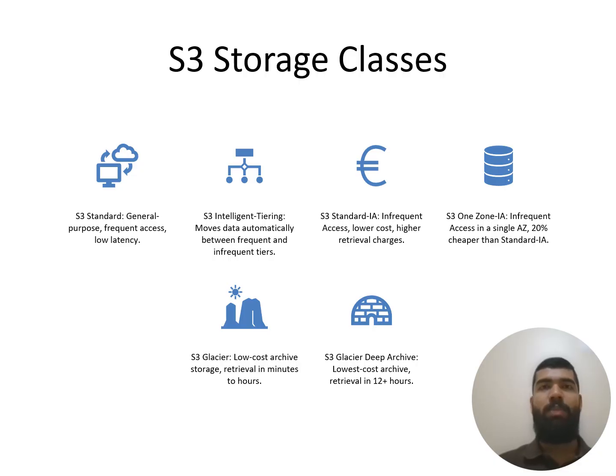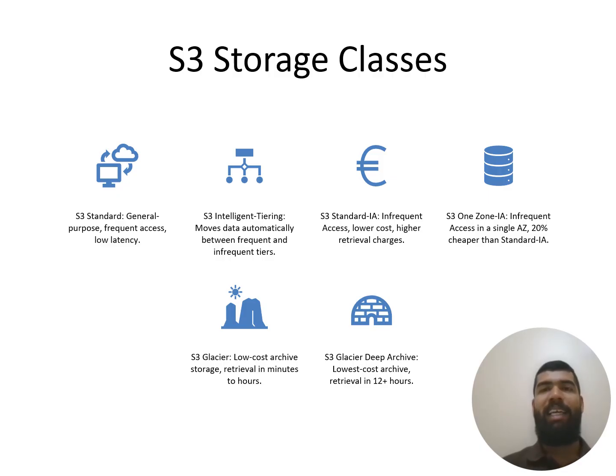Okay, so let's talk about S3 storage classes. What are these S3 storage classes? Amazon S3 provides multiple storage classes to optimize cost and performance. Standard storage is used for frequently accessed data, and Intelligent-Tiering automatically moves data between frequent and infrequent access tiers.